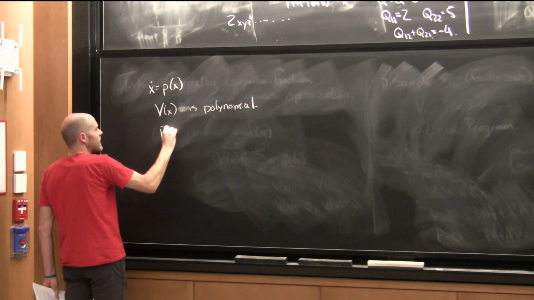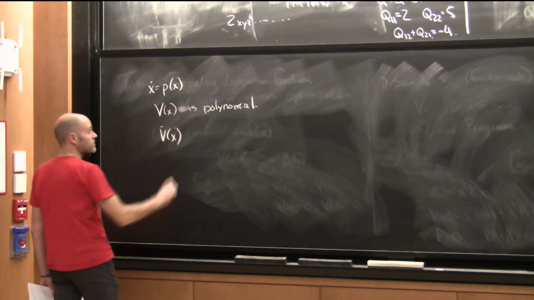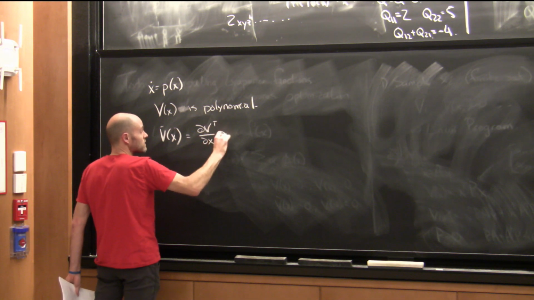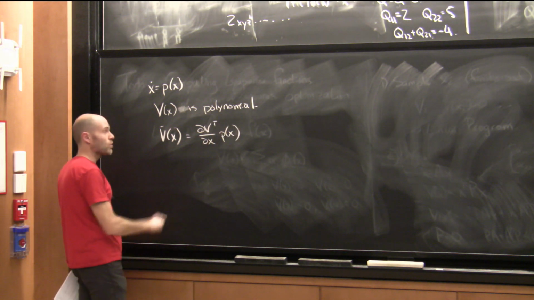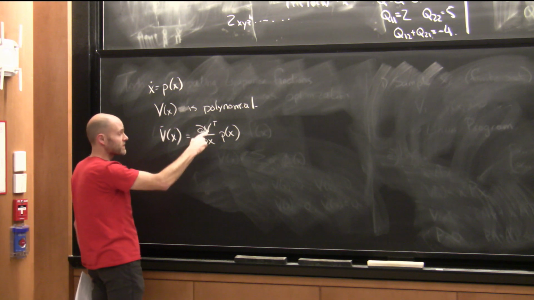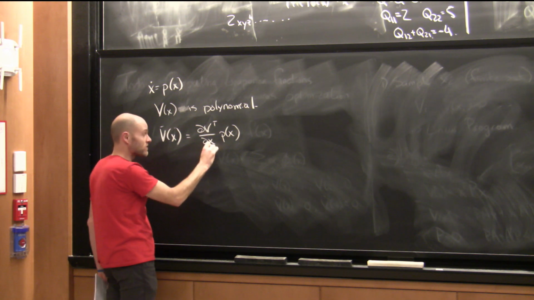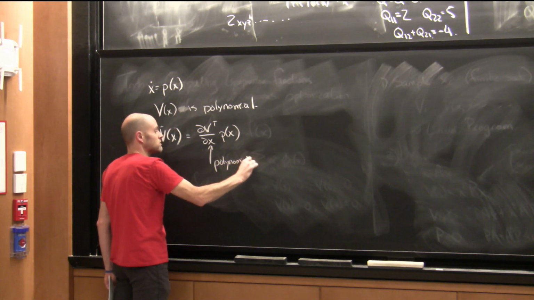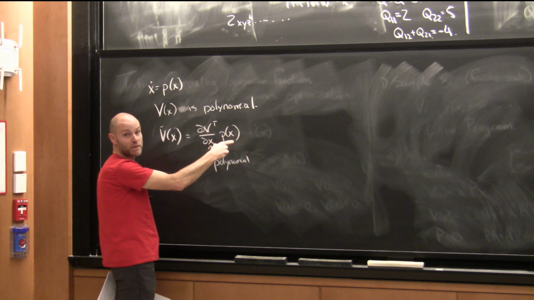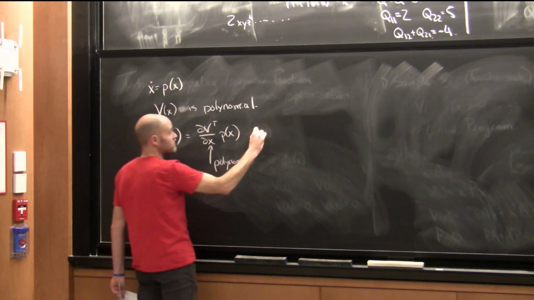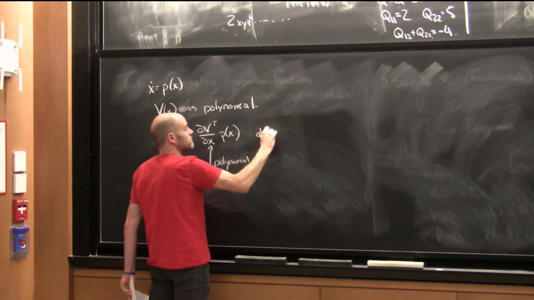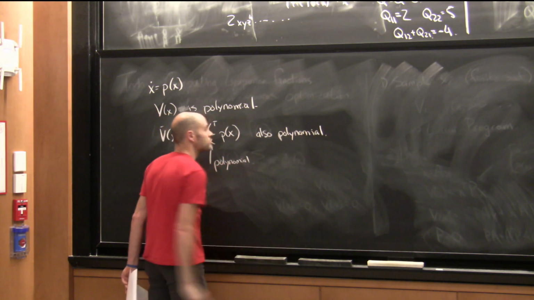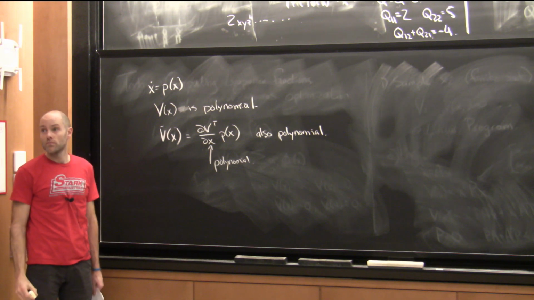Then v dot of x, we know, is partial v partial x transpose p of x. One of the nice things about polynomials is if I take partials with respect to x, this is still polynomial. And it's closed under multiplication too. So this whole thing is also polynomial. Okay.